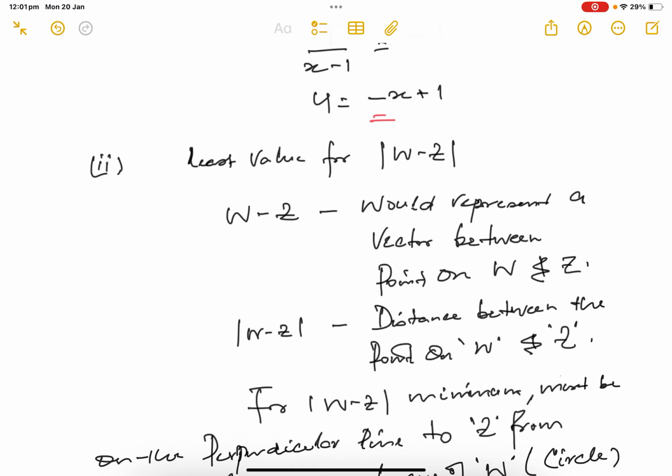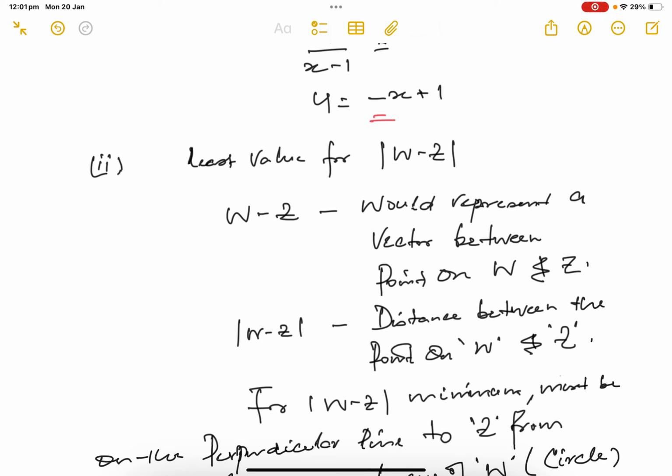The least value, they have asked us to find the least value of w minus z. So let's analyze it further. w minus z would represent a vector between a point on w and a point on z.